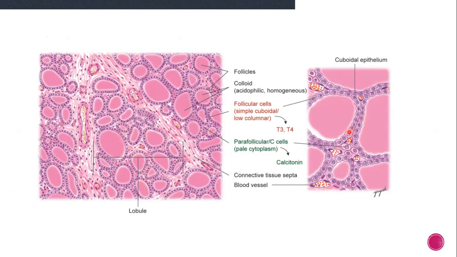You can see they are lined by these follicular cells, and you can tell that this is maybe an inactive thyroid gland, because you can see the amount of colloid is much, and the cells are squamous. Then here you can see the parafollicular cells, or the C cells. They have a pale cytoplasm and they produce calcitonin.